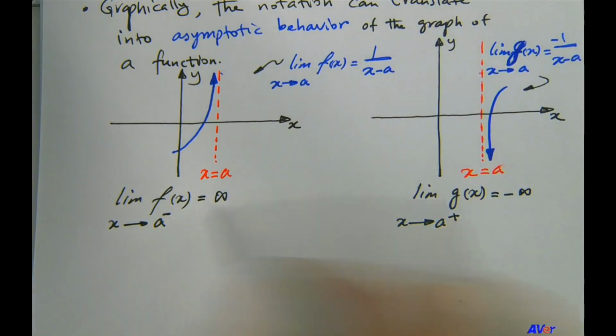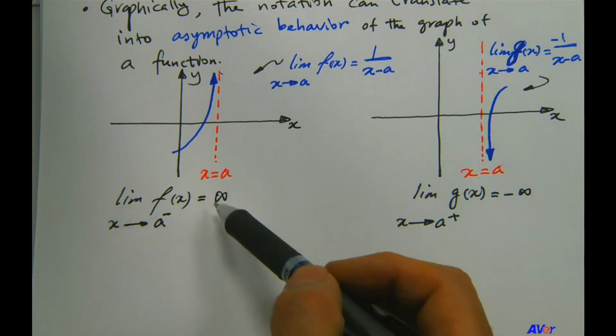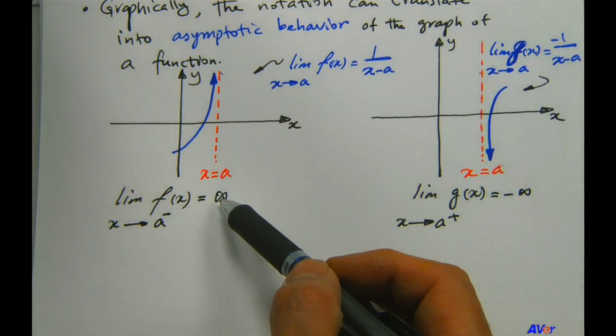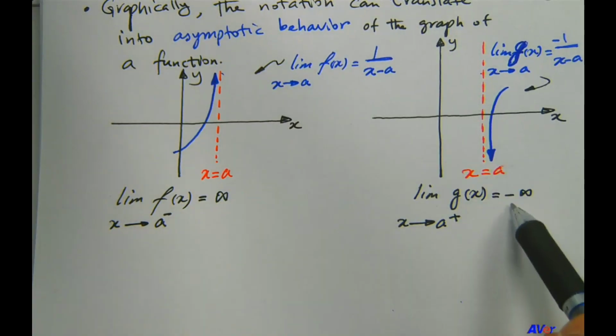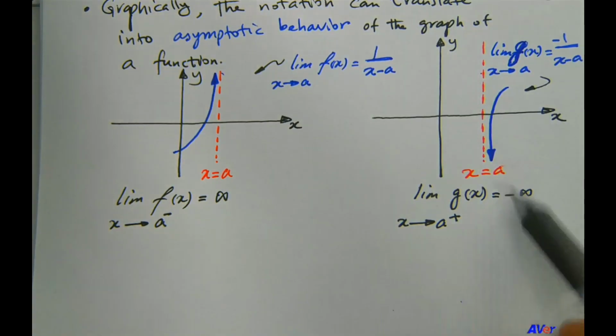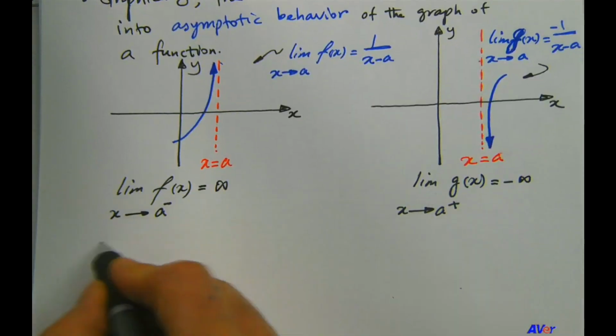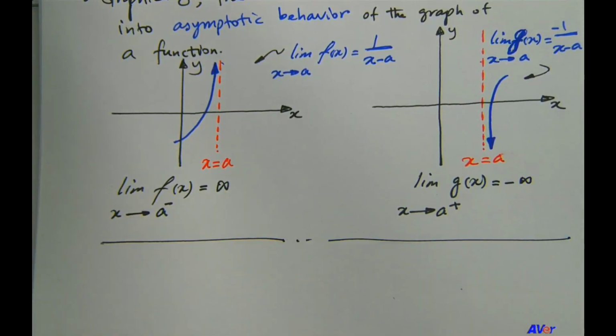Okay, so these are, again, notational way of saying, hey, the limit does not exist. And why? Because the values of the function are either getting larger and larger without any bound, or getting smaller and smaller without any bound. Okay, so that's just the graphical way of saying the same thing as the notation is saying.